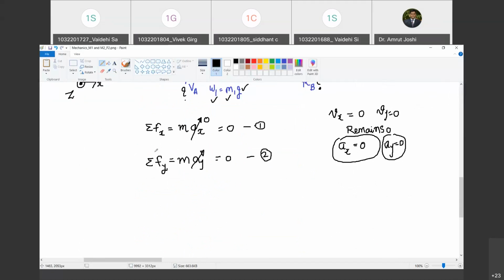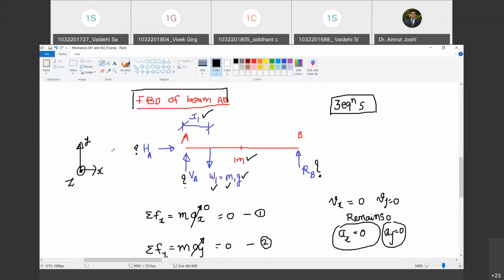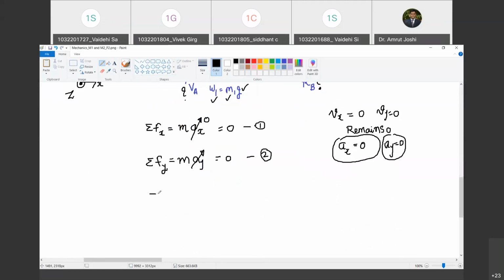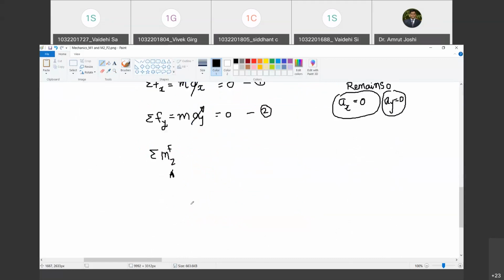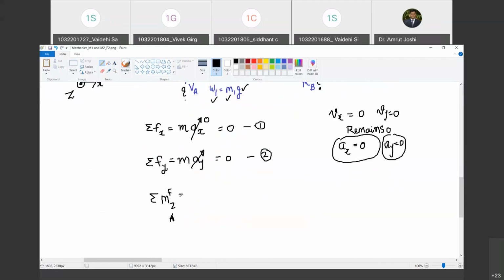These two equations are written in terms of forces. The third equation we are now going to write in terms of moments. Are you with me? Yes, sir. Now, the summation of moments of all the forces about the z-axis passing through A, which point is it? A. This should be equal to what?